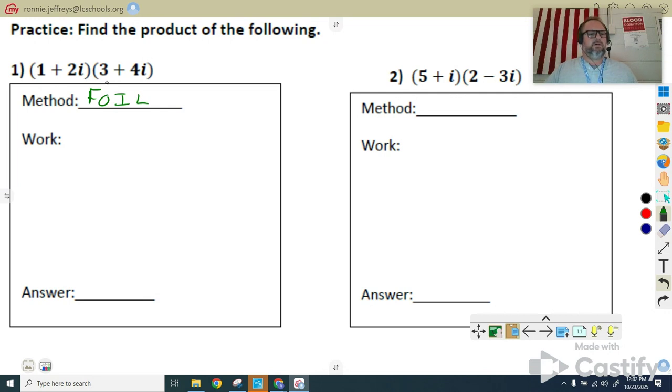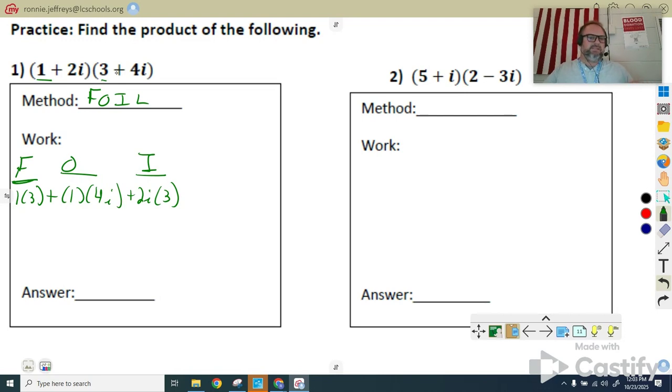So, our first terms. Now, you don't have to do it like this, that I'm about to write down. This is a teaching thing. Okay? My outside terms, 1 and 4i. My inside terms, plus 2i times 3. Now, where I'm getting the pluses is from these signs right here that's in front.